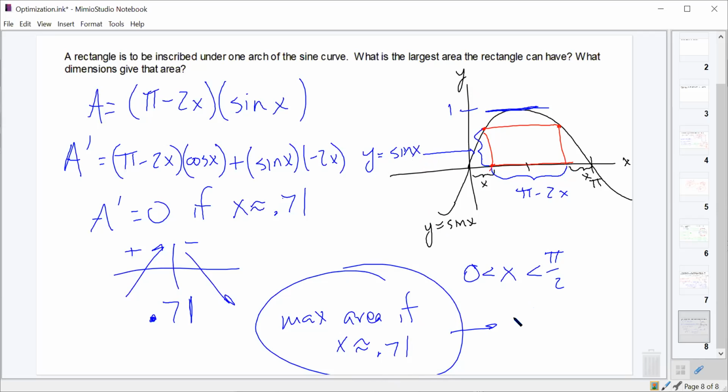I'm not going to do all that because that's just arithmetic, but you plug into L and W and A if we wanted to answer all the questions in there. Any questions on the process and the calculus behind all that?